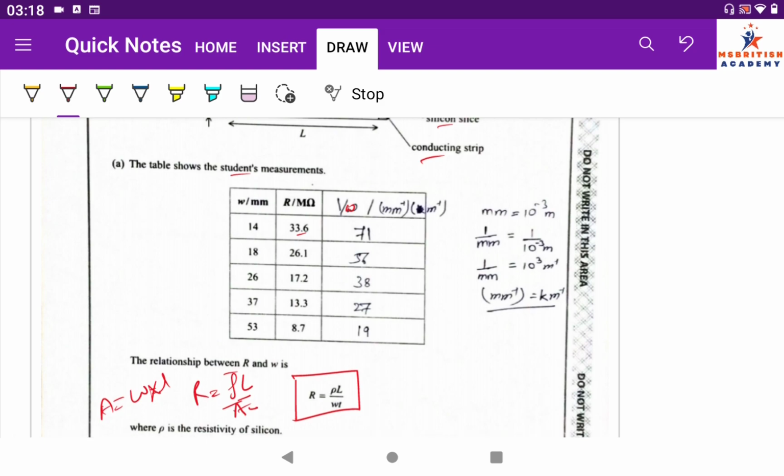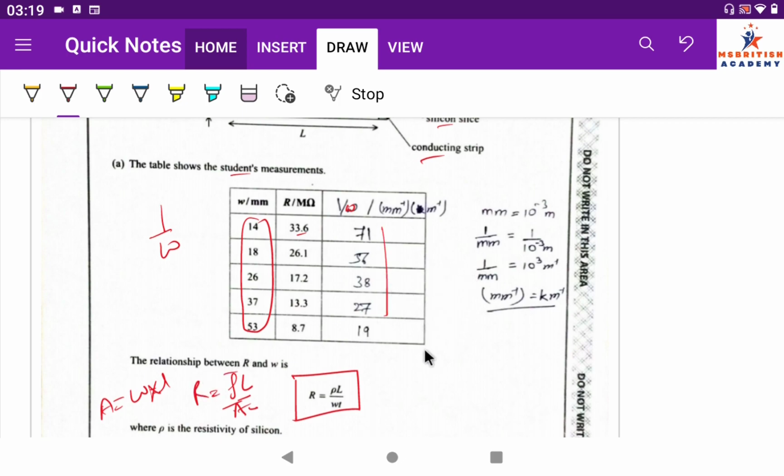So what we have to do is take the inverse of these values to find 1 upon W. So it will be 71 millimeter inverse, 56 millimeter inverse, 38, 27, and 19 millimeter inverse.